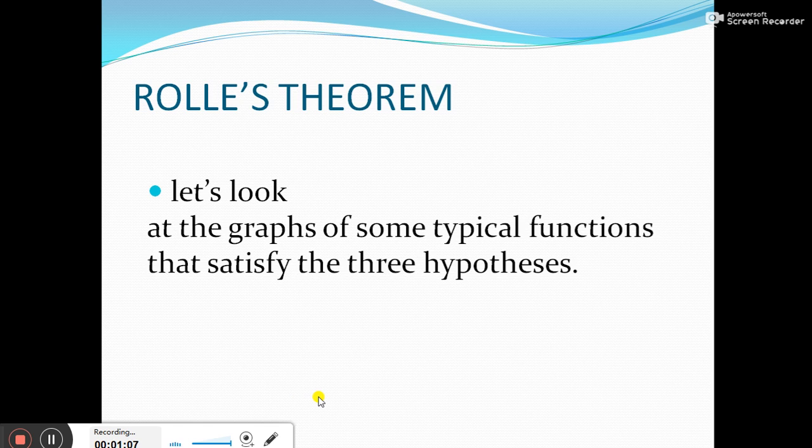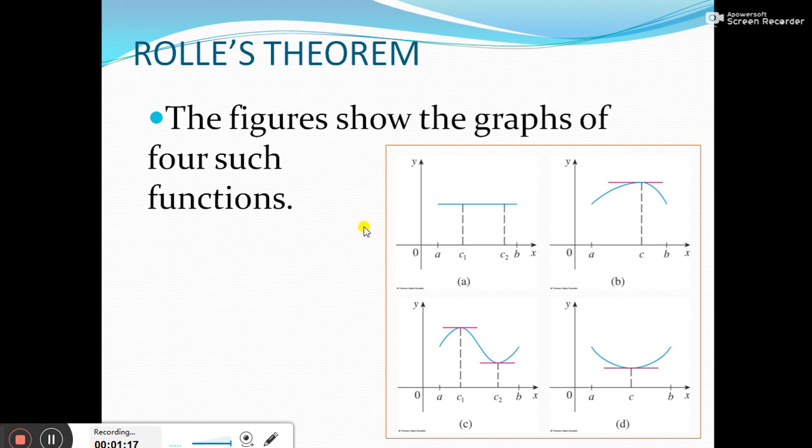First of all we have to look at the graphs of some typical functions that satisfy the three hypotheses. The figure shows the graph of such functions. First one, that is a constant function, a straight line that is parallel to the x-axis.